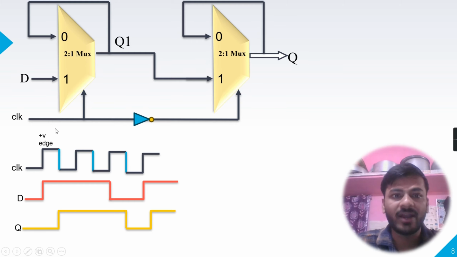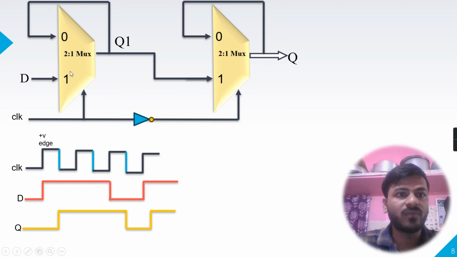Okay, and due to this negation, when my clock is 0, for this mux my select line becomes high. So this Q1 will be routed to the output Q. So at this negative edge, you can see this D is reflecting here. Q goes high. Okay, now again if I talk about this positive level, again my clock is high.